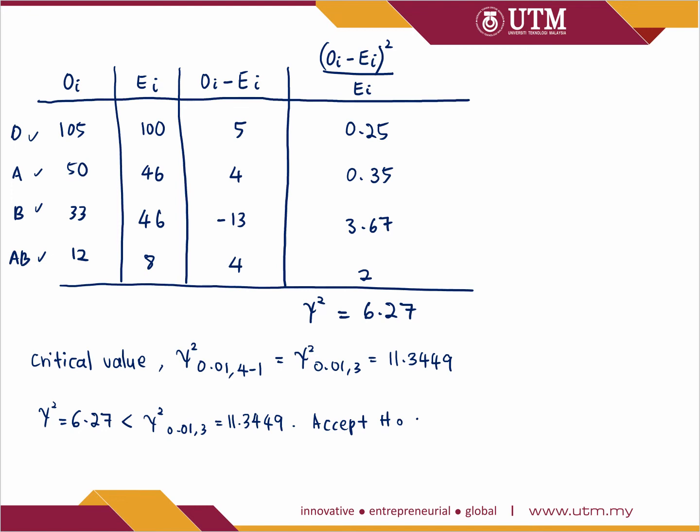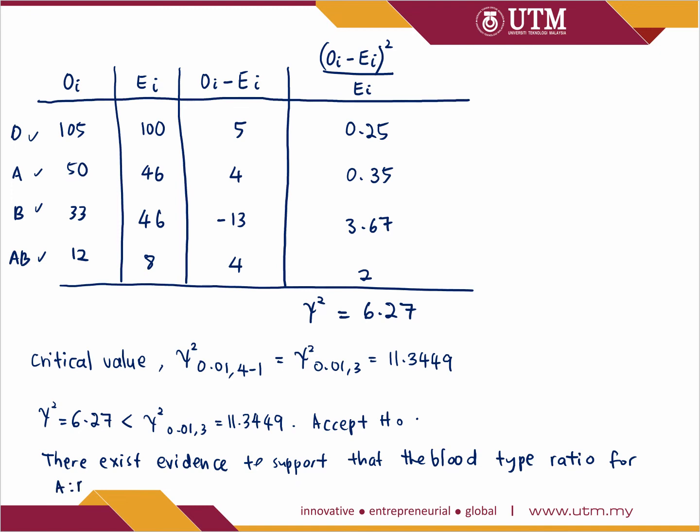So we can make the conclusion that there exists evidence to support that the blood type ratio for blood O, A, B, and AB is 50, 23, 23, and 4. Okay. So that's how we solve the question.